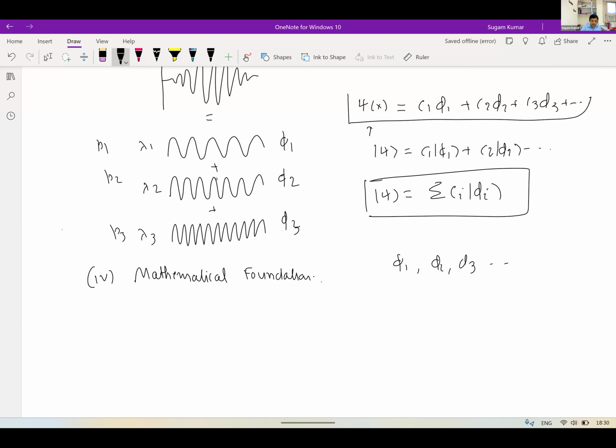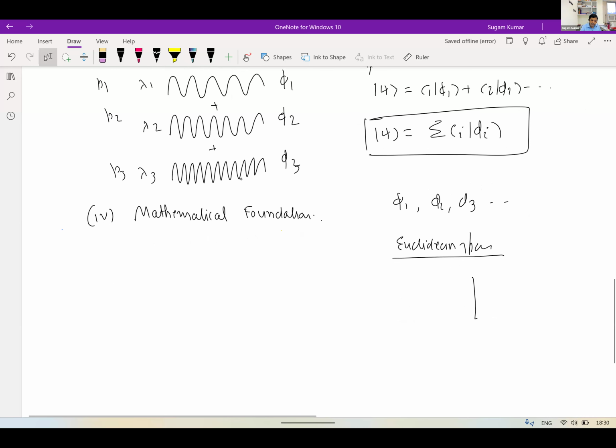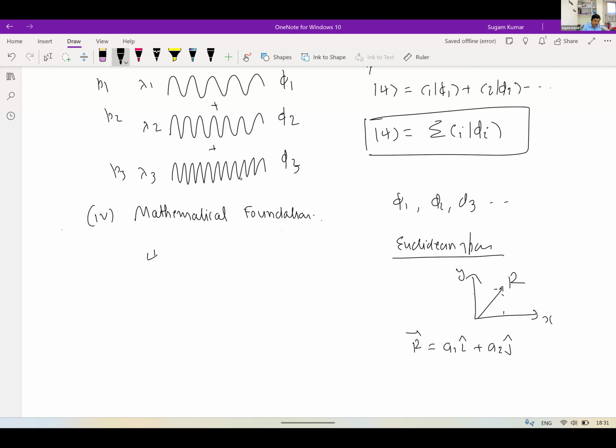For example, in the Euclidean space, we know that if there is a vector, let us say R, then this vector R can be written with components, let us say A1 into I plus A2 into J. Same like here, psi is written like C1 phi 1 plus C2 phi 2 and so on.